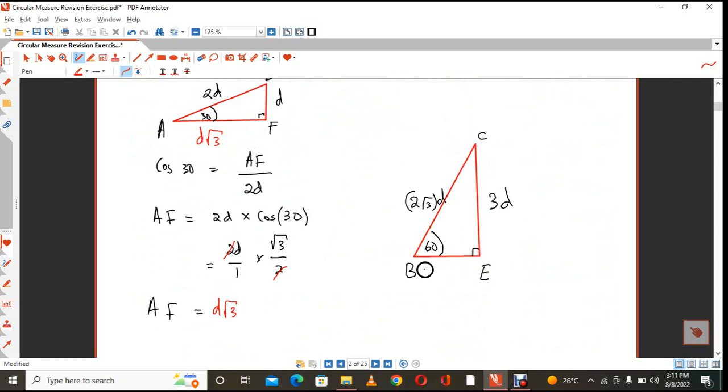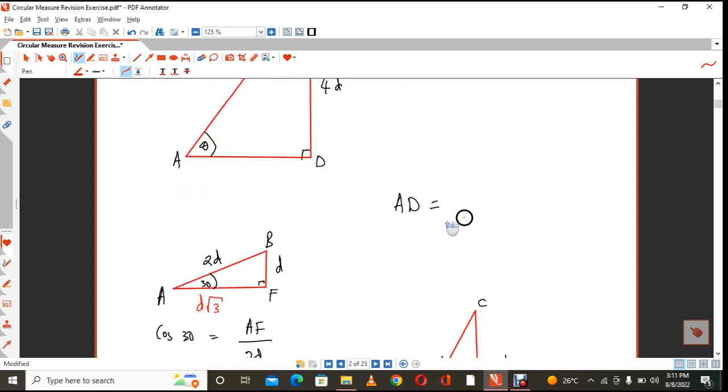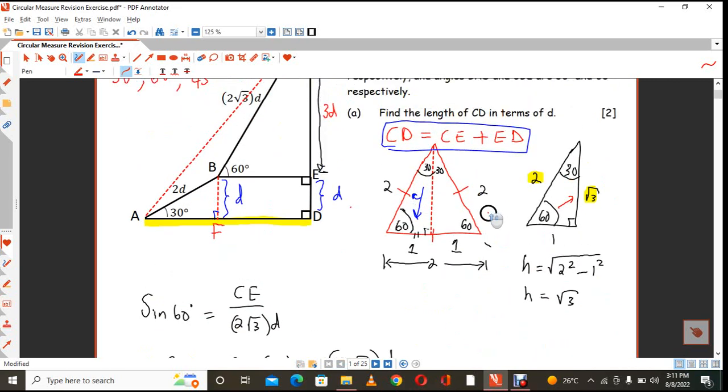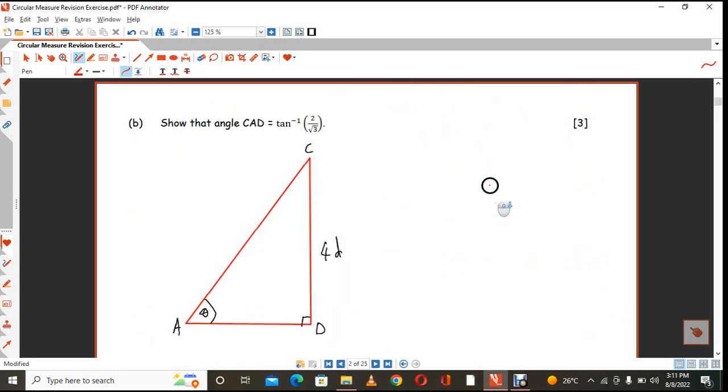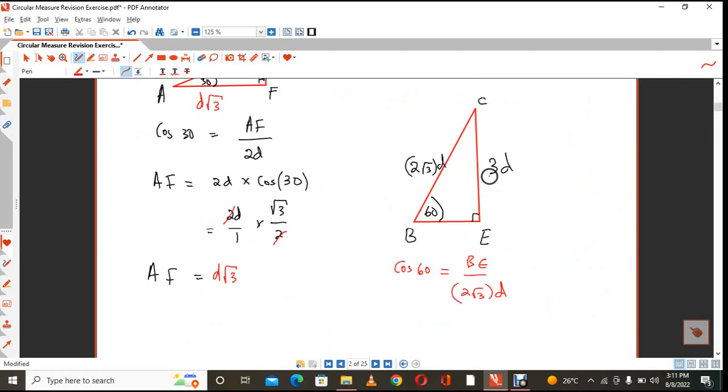I'm looking for BE, so that's the cosine of 60 degrees, which is BE over 2 root 3 multiplied by D. What is the cosine of 60 degrees? If you go back to your special angles, you know that the cosine of 60 degrees is 1/2.